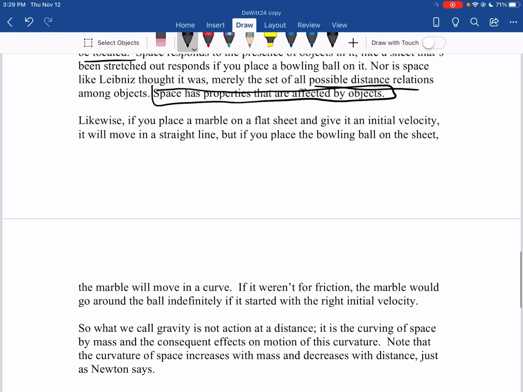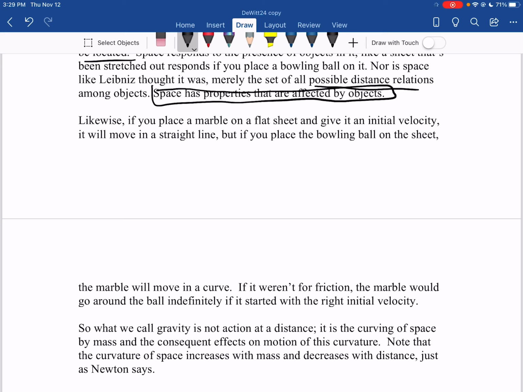Now let's connect this to Galileo's famous thought experiment about the ball on a frictionless plane. If you place a marble on a flat sheet or on a frictionless plane, give it an initial velocity, it will move in a straight line forever. Now place a bowling ball on that sheet and the marble will move in a curve.